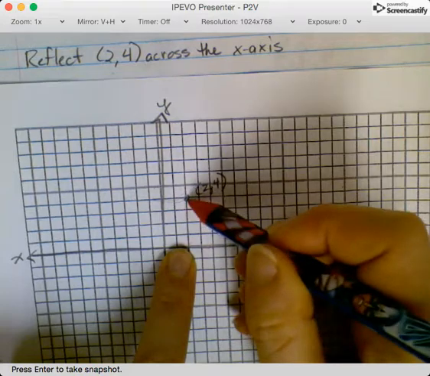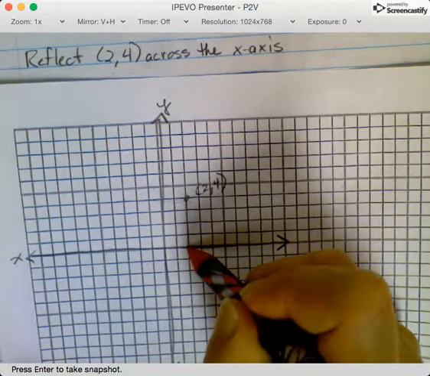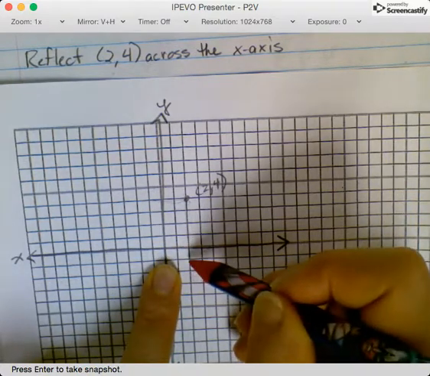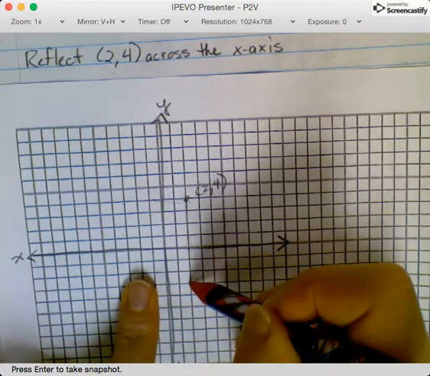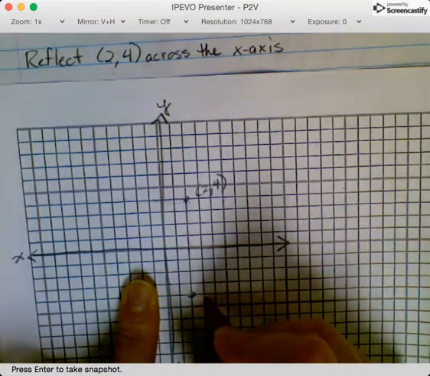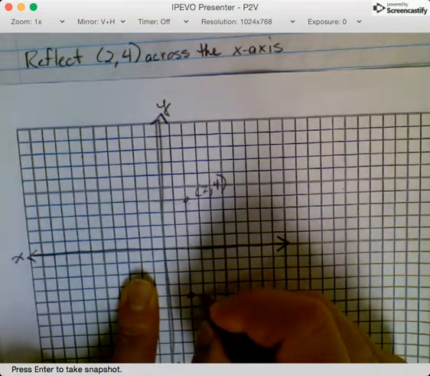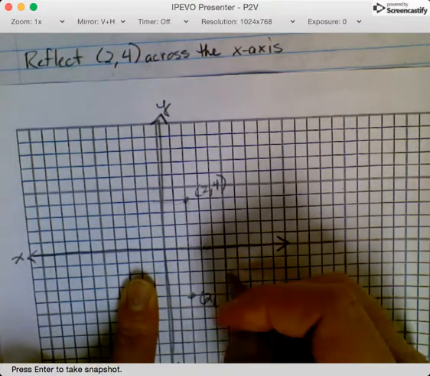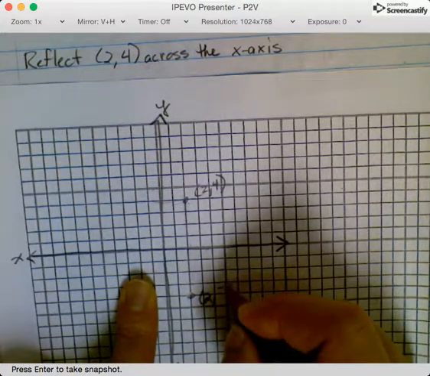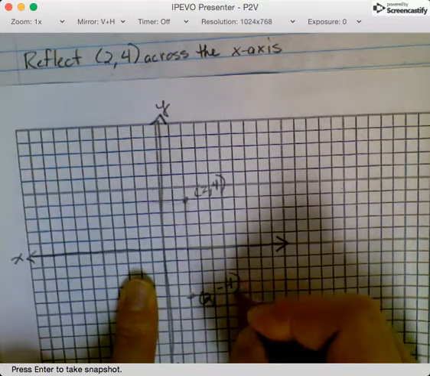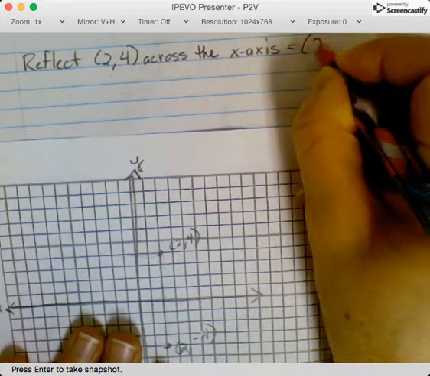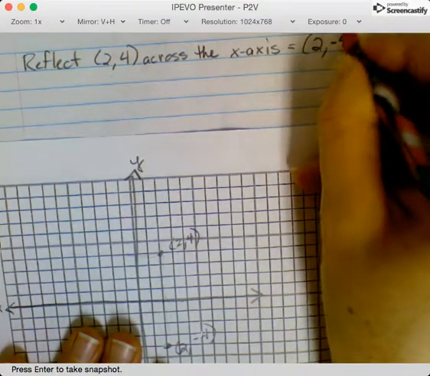So instead of going up 4, I'm going to go back down here to the 0, and I'm going to go down 4. 1, 2, 3, 4. So then my reflected point is still 2, but instead of 2, 4, it's going to be 2, negative 4.